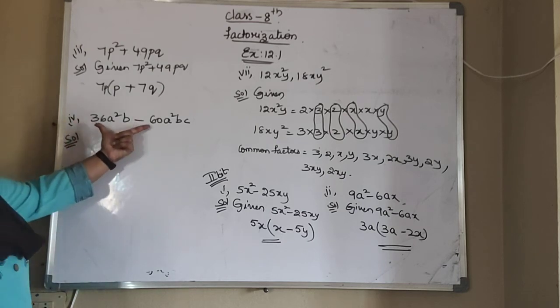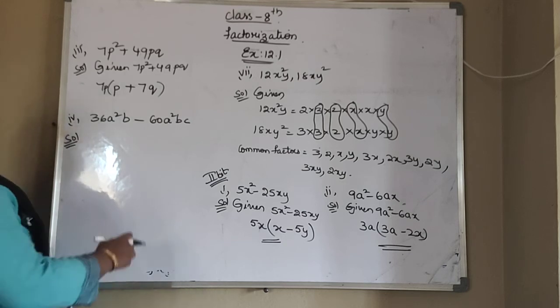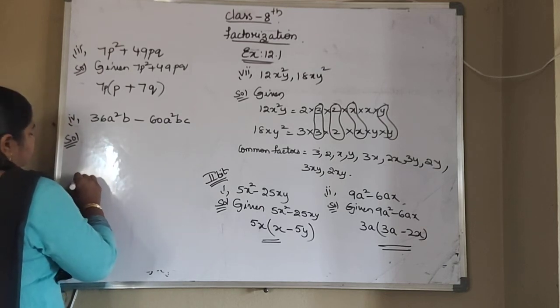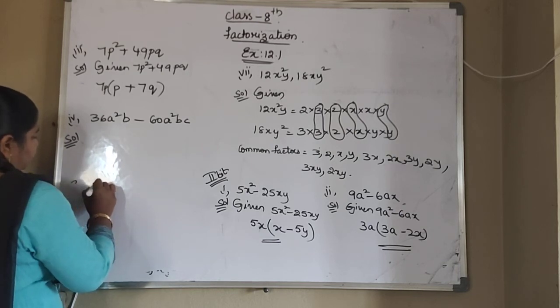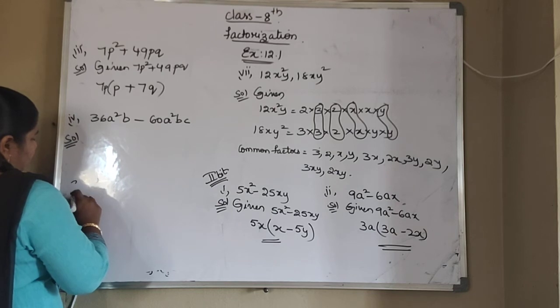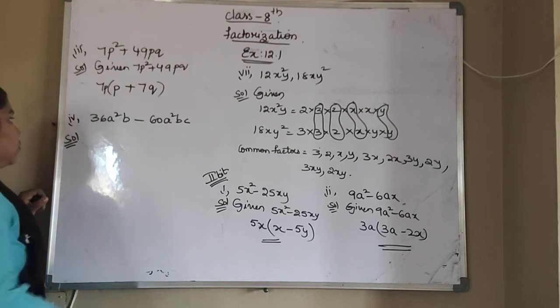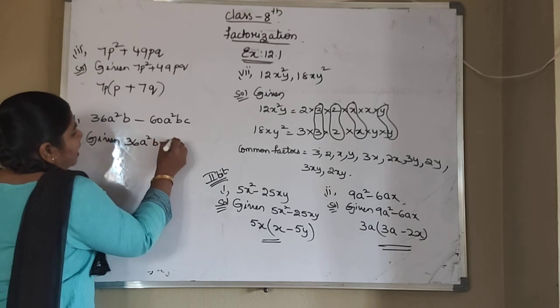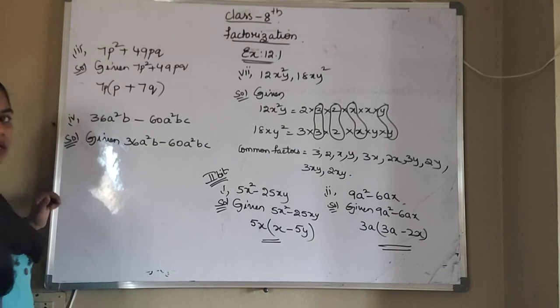Both values will go in 6 table, and also directly you can take 12 as common, since 36 and 60 will go in 12 table also. So here I am taking 12 as common. So in 36a square b minus 60a square bc, these two numbers will go in 12 table.